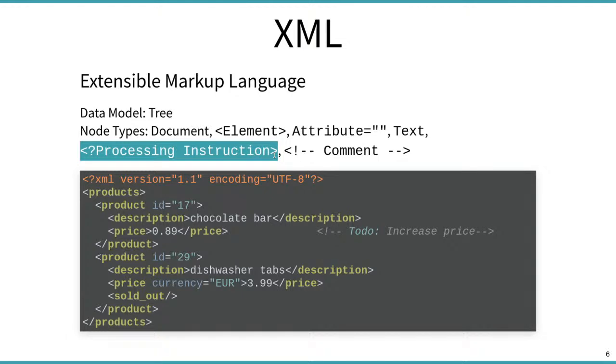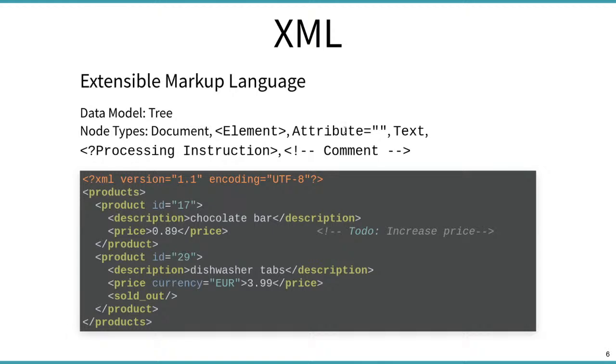They are not so important, but they belong to the six node types. Processing instructions are, for example, this here. This is an indicator for the machine that processes the XML document: what's the XML version, what's the encoding, and so on.